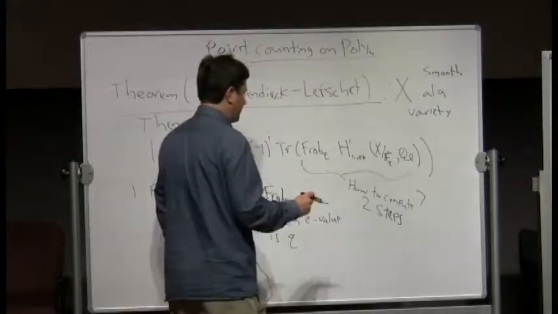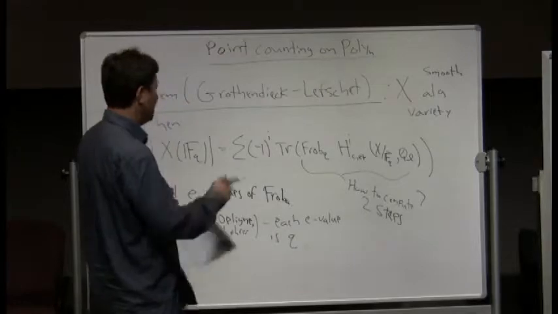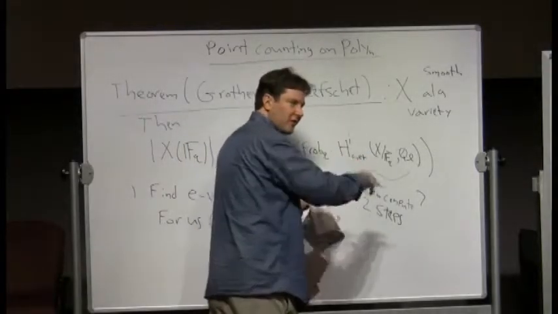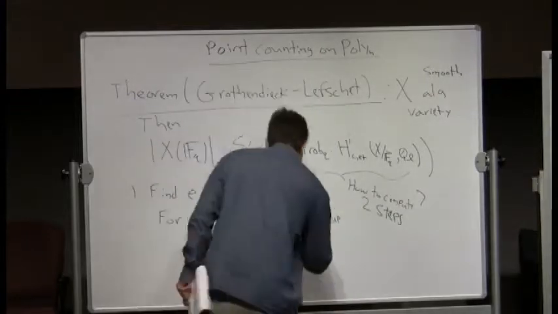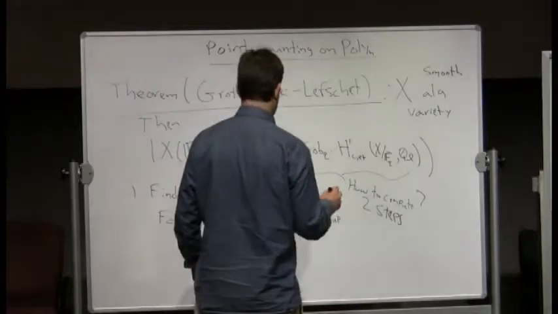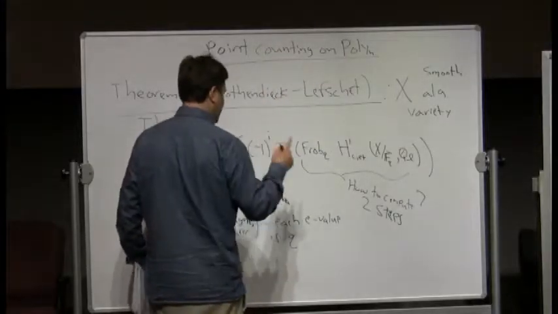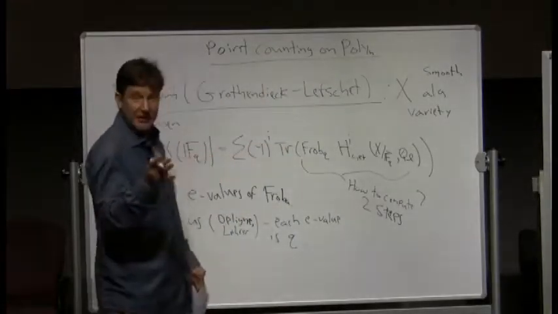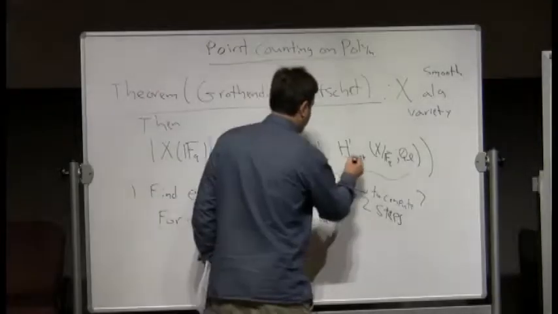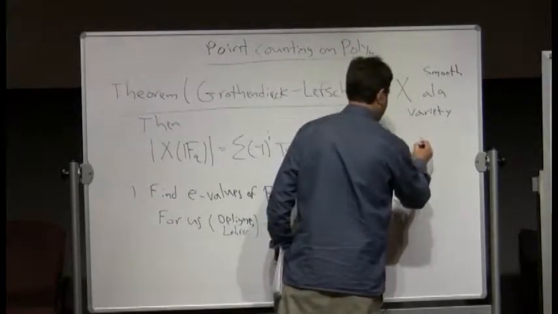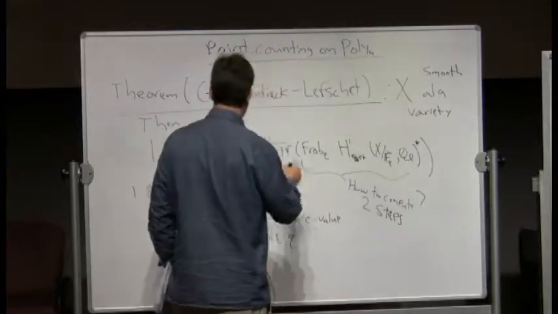What's secretly happening is there's secretly like a Poincare duality, because I want to get rid of compact support, but let me say each eigenvalue, I'm going to apply like Poincare duality. I'm going to erase compact support. I'm going to take a dual, don't worry about that.